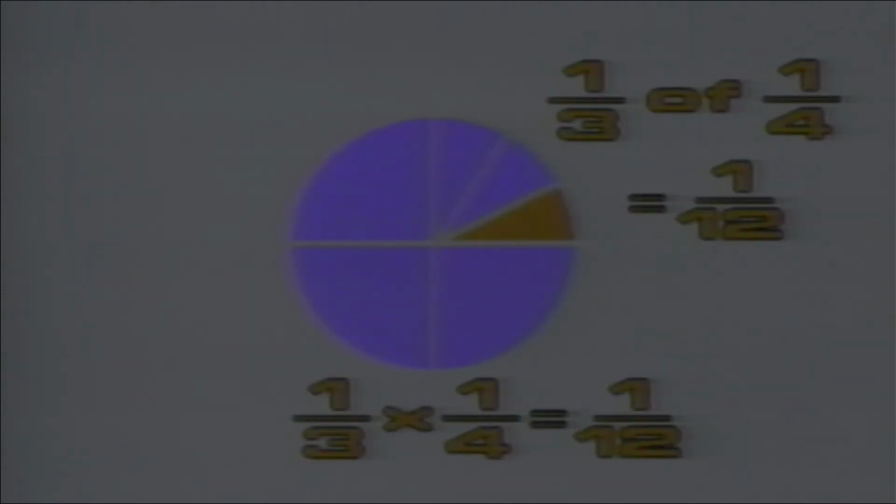That means it's smaller than either of the original fractions. That's right, Catherine, because you're calculating 1/3 of 1/4. Think of dividing a quarter of a pie into 3 equal parts. Each one of those parts is 1/3 of 1/4 of the pie. That is 1/12 of the whole pie.